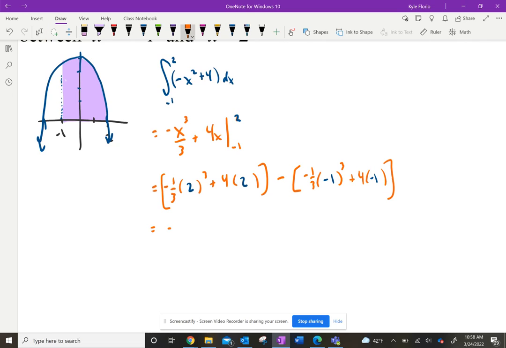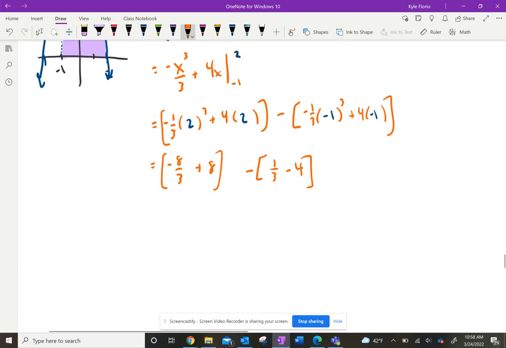So 2 cubed is 8, so it's going to be negative 8 over 3. And 4 times 2 is 8. Minus negative 1 cubed is negative 1. Negative 1 times negative 1/3 is positive 1/3. 4 times negative 1 is negative 4. You guys can finish this up on your own, but what I would do here is distribute this negative.